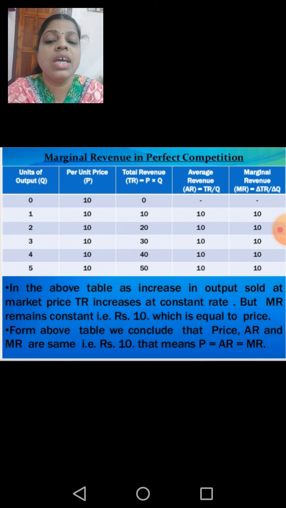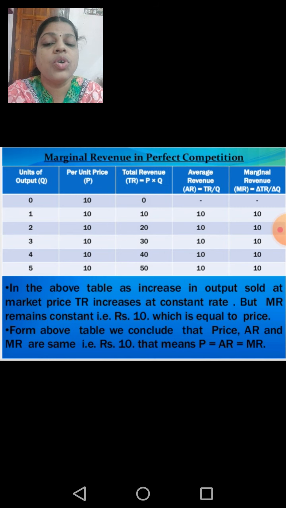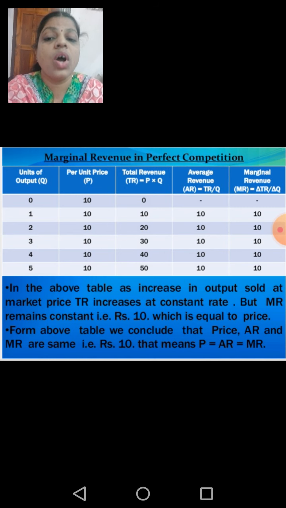Here we can see that in the total revenue, the first value is 0, the next value is 10, and the next value is 20. Successively we can see 10 to 20, 20 to 30, 30 to 40, 40 to 50. To calculate the marginal revenue, we divide the total revenue by its respective quantities.